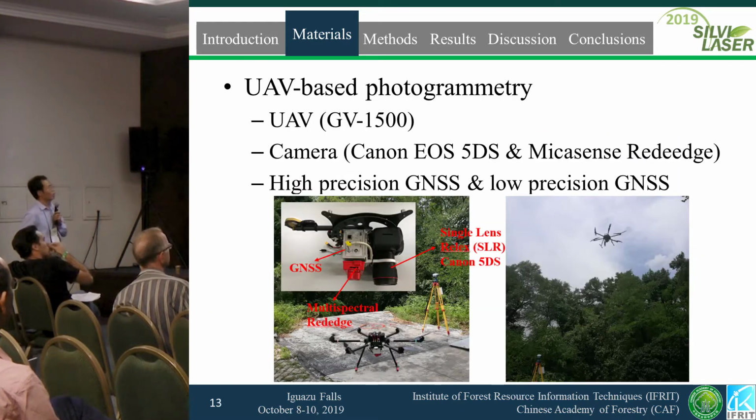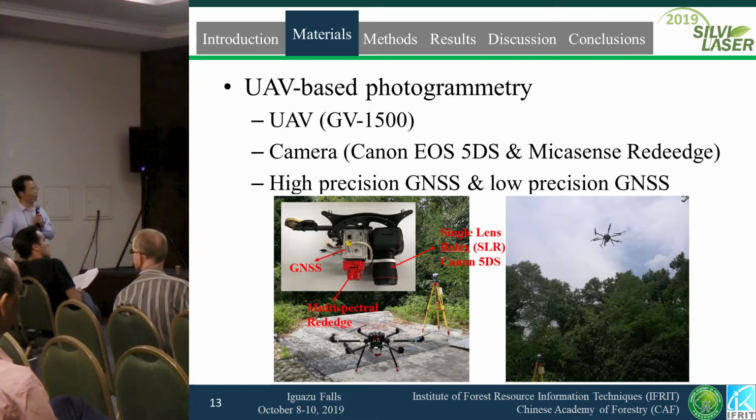The UAV-based camera system used two cameras. The first one is the high resolution camera, the Canon 5DS, and the second is the MicaSense RedEdge, a multispectral camera.